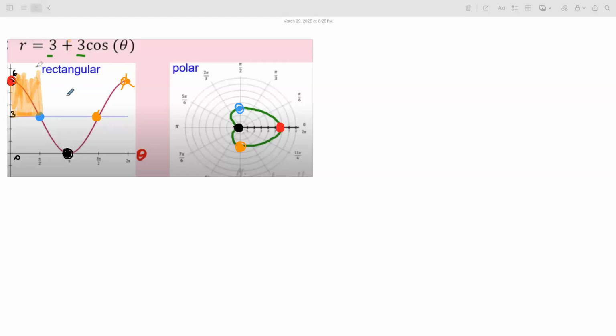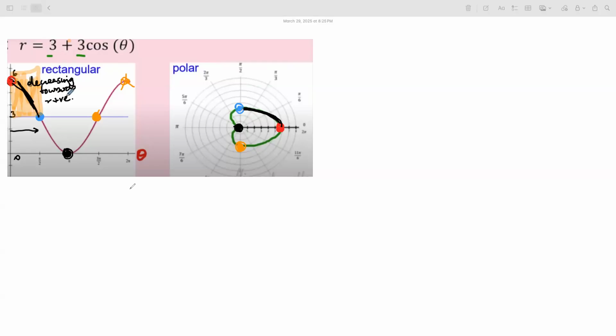In this period, 0 to pi by 2, clearly it is decreasing, moving towards the pole, and R is positive. So what is that period? 0 to pi by 2, right? So that is this part of the graph. This piece is that part of the graph.